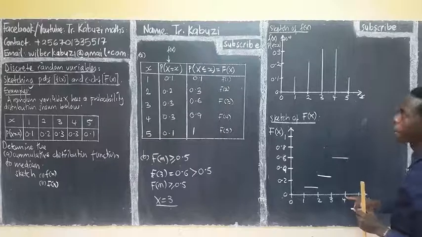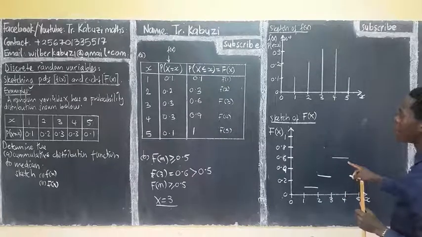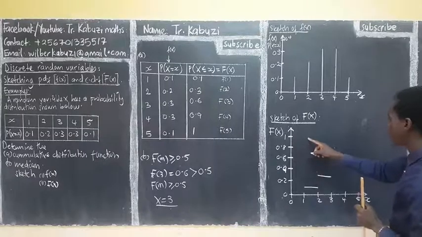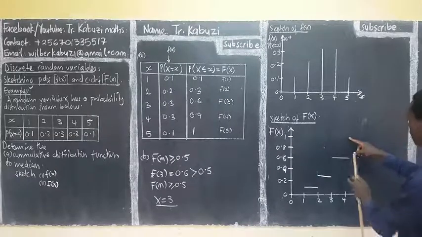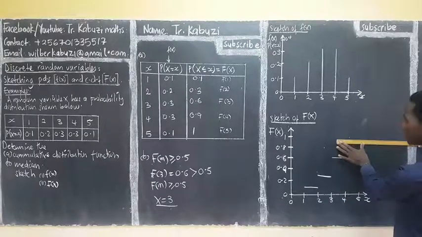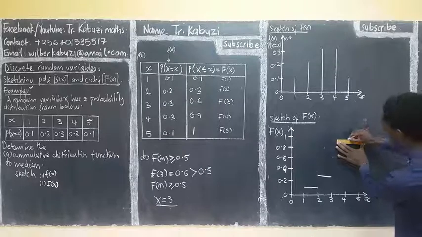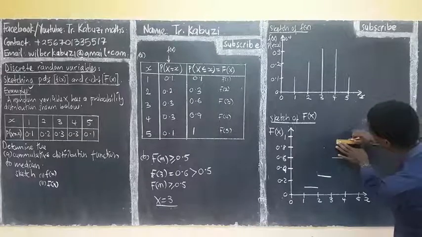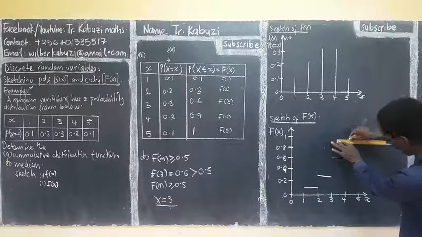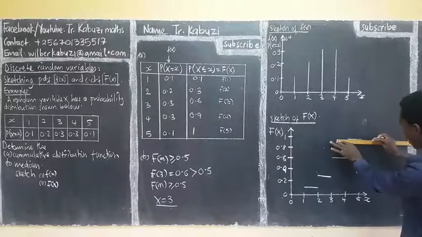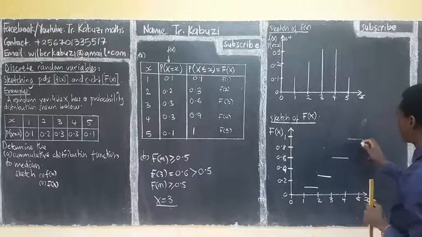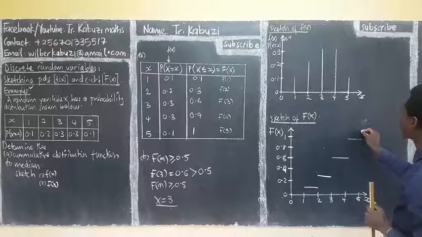From 4, our value is 0.9, which is somewhere in the middle there. So I start from there and draw my 0.9 up to 5. Then my 5, starting from there, goes up to 1.